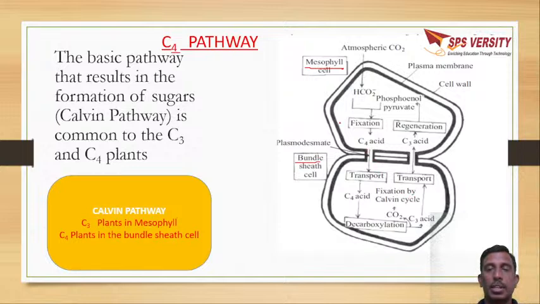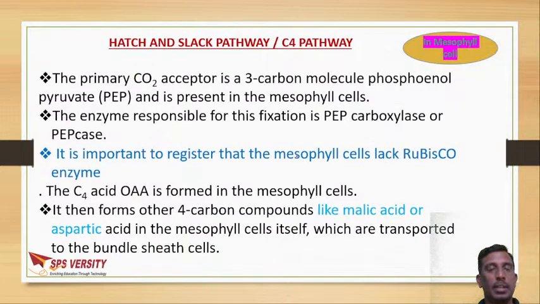In C4 plants we need both mesophyll cells and bundle sheath cells. First we take the mesophyll cell. This cycle is called the Hatch and Slack pathway, named after the persons who discovered it. In the mesophyll cell, CO2 is accepted by a 3-carbon compound, phosphoenol pyruvate. Phosphoenol pyruvate is 3-carbon and CO2 is 1 carbon.